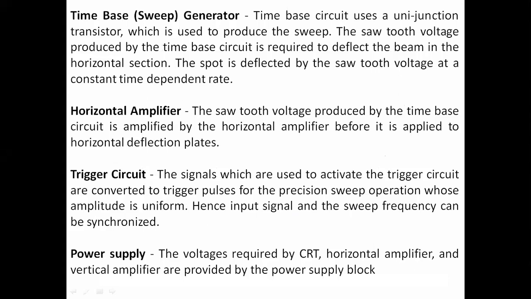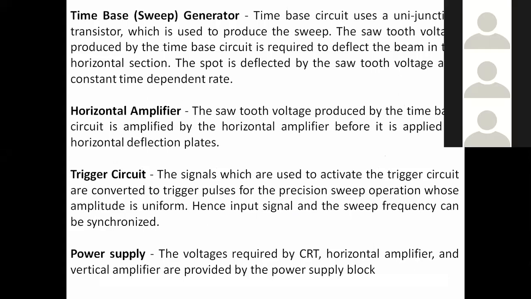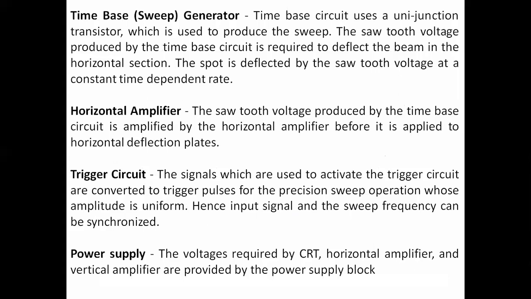The next one is the time-base generator or sweep generator. The time-base circuit uses a unijunction transistor, UJT, to produce this sweep voltage.